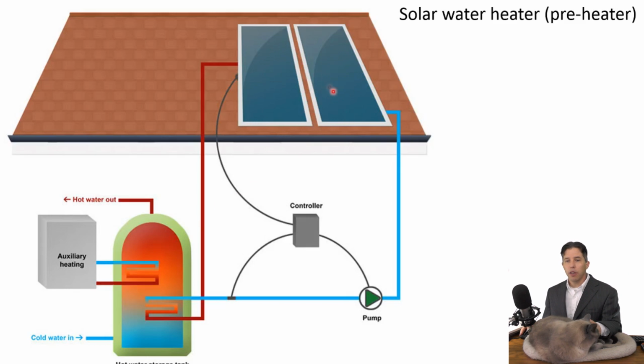You might run it through these solar preheaters, and it might warm it from 40 to maybe 80 or 90. So then you've got 90-degree water going in, and you have to warm 90-degree water to 140, which doesn't take nearly as much energy.